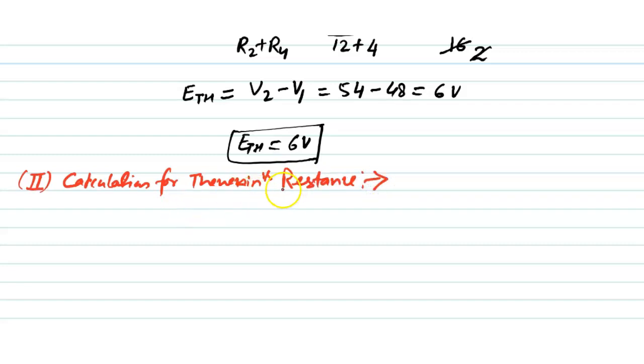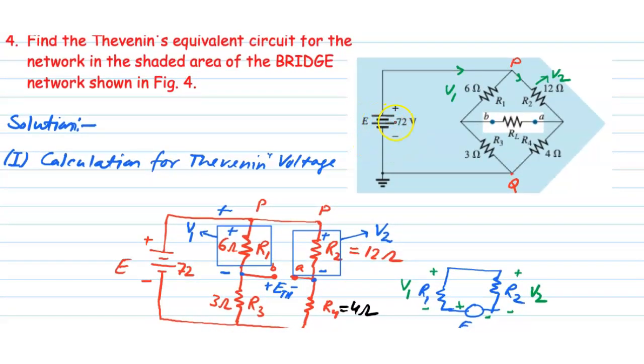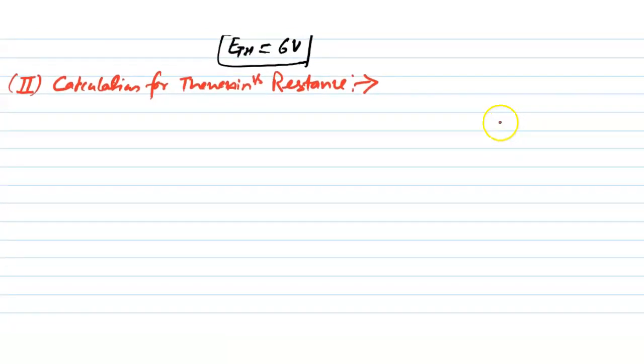To determine the Thevenin resistance, you have to short the voltage source, remove the load resistance, and measure the resistance across these two terminals. Let's redraw the circuit.